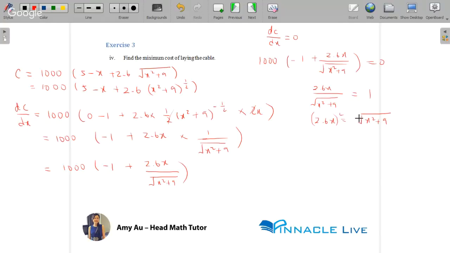Square both sides. That gets rid of the square root. So 2.6 squared is 6.76. Make x squared the subject, so move that to this side. So that's 5.76. Divide by 9. So 9 over 5.76 is equal to 25 on 16. What such nice numbers. All right, so the square root, that's plus or minus 5 on 4.